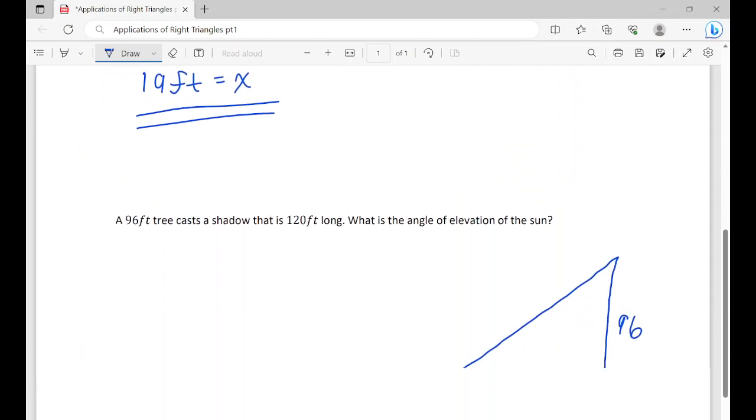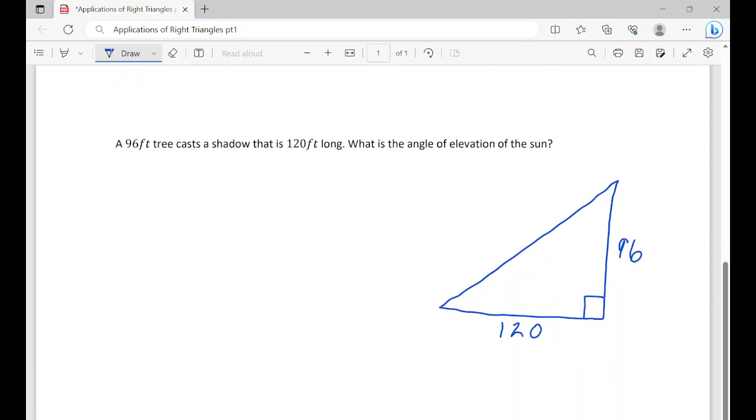Using those two facts, I can see that what they're talking about is right here, because the sun is casting this shadow. So the angle of elevation I'm trying to find is this angle here.